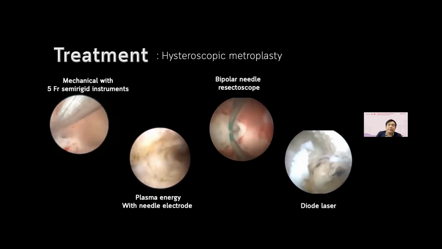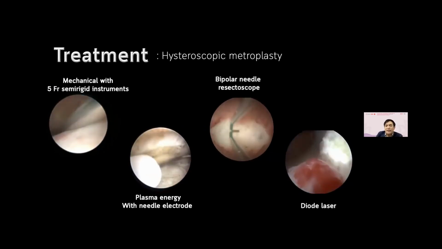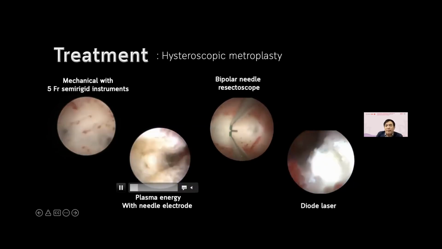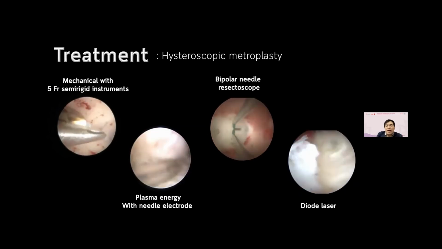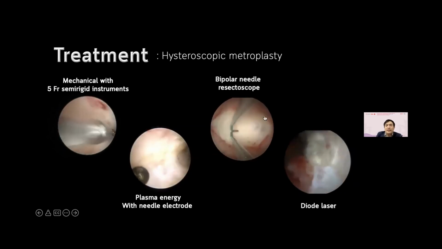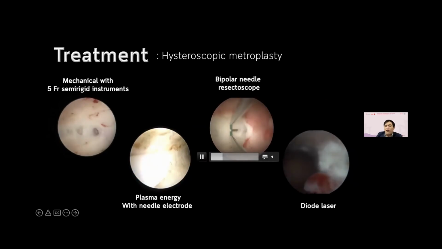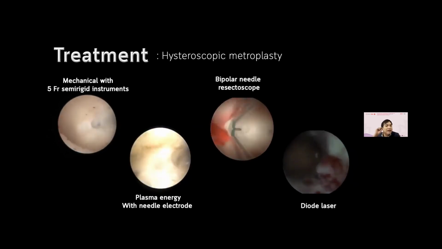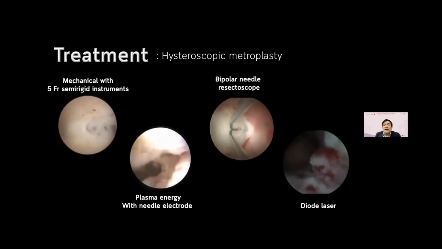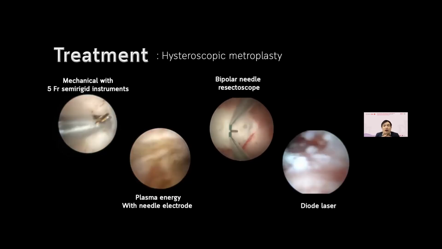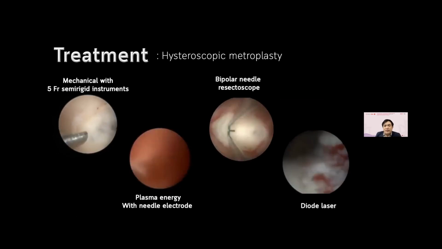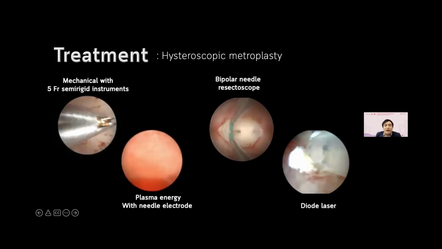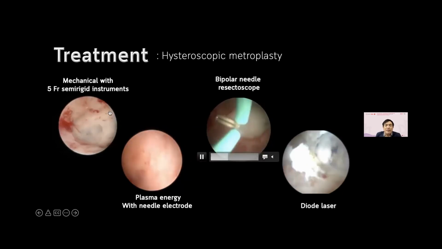But from my experience, the plasma needle is quite fast and effective, as is the resectoscope. But sometimes, because the diameter of the resectoscope is about 5 to 6 millimeters, it cannot be done easily because of the narrow cavity of the patient. So the bipolar needle gets the work done without much bleeding in comparison to the scissor.